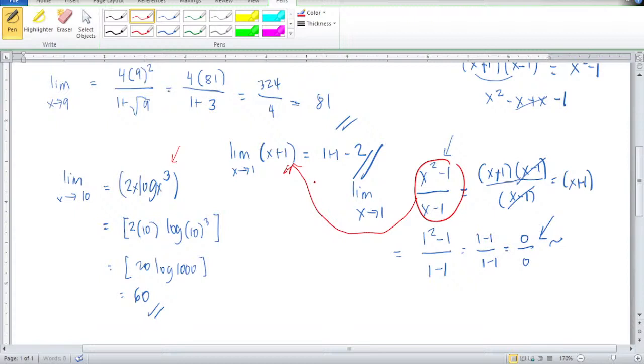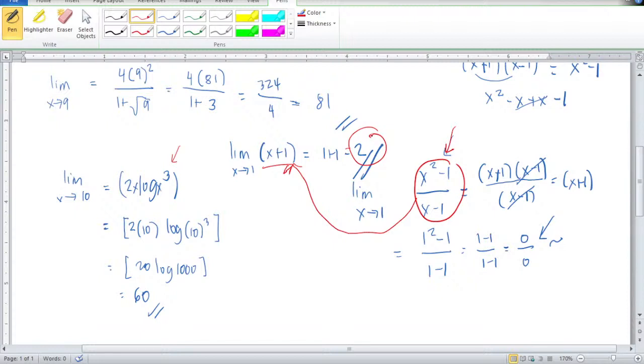Therefore, the limit of x plus 1 and the limit of x squared minus 1 over x minus 1 are just the same, which, based on our evaluation, is 2. Do you follow? So, ganun siya.